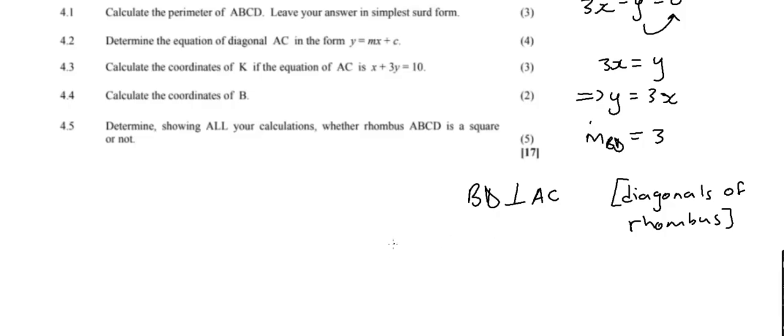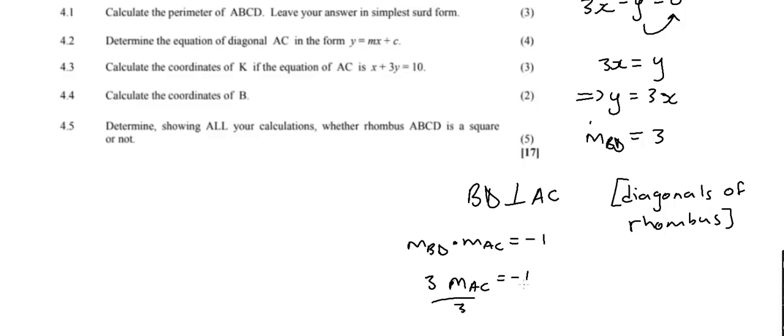Since they are perpendicular, the gradient of BD multiplied by the gradient of AC is equal to -1. So this is 3 times the gradient of AC, which is -1.